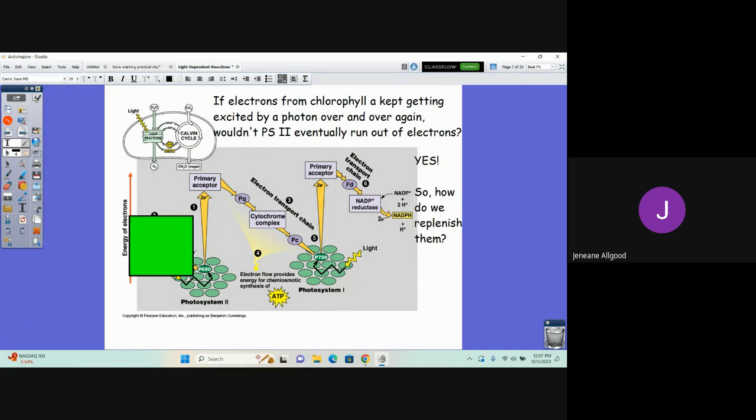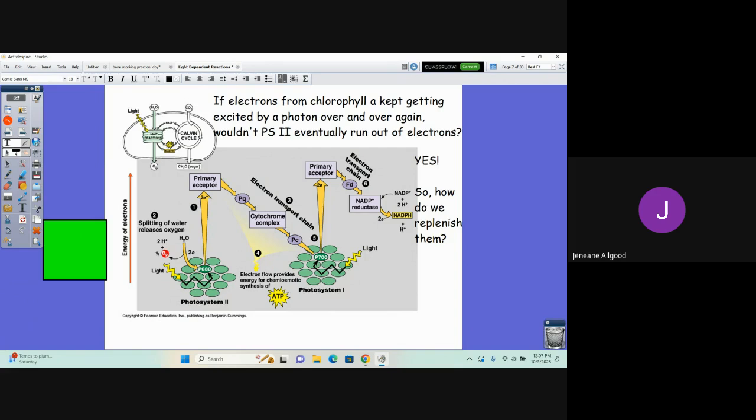So while these electrons in that reaction center are originally from chlorophyll A, the replacement electrons are going to come from water. Now, when you see this, you don't have to draw that in because it'll be on another picture. It's on a picture a couple slides from now. But anyway, when we split water, we are splitting the hydrogen into its protons and electrons, and then the oxygen is going to come off.